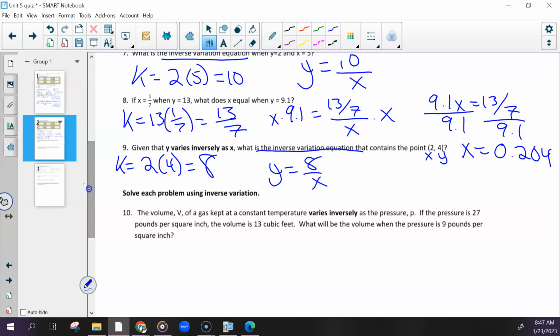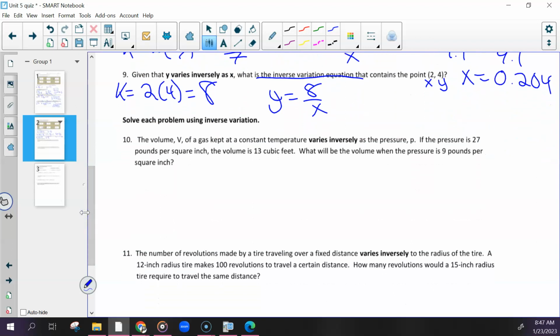For 10, they gave you variables v and p, so your original equation would be v equals k over p. Use the numbers given to find k, 27 and 13. If you need to, your v is like your y, your p is like your x.